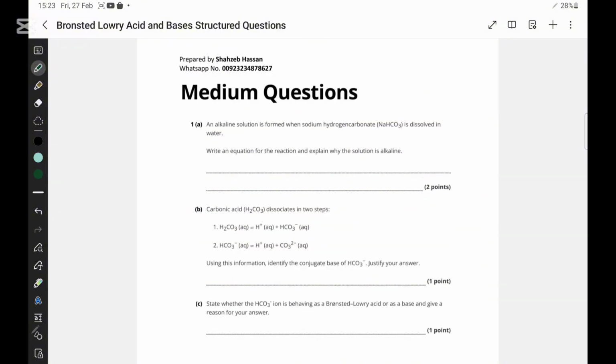In this question they are saying an alkaline solution is formed when sodium hydrogen carbonate is dissolved in water. We have to write the equation when it dissolves in water. It forms, in a reversible reaction, H2CO3, which is carbonic acid, and NaOH.